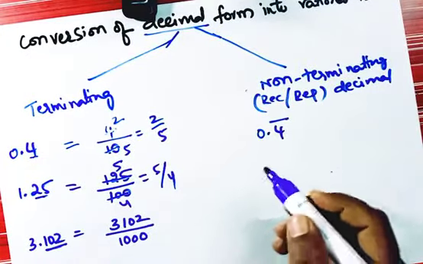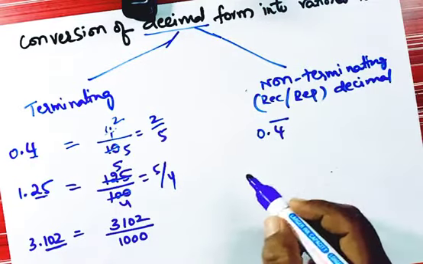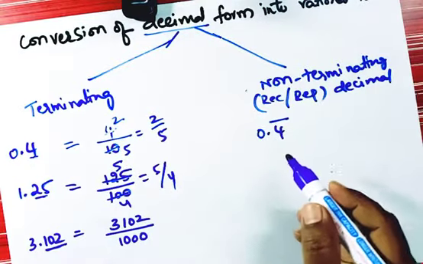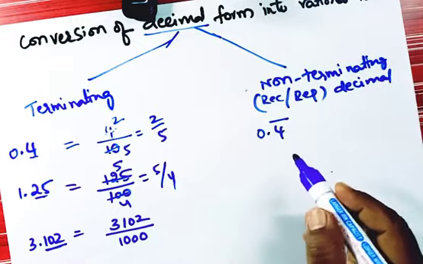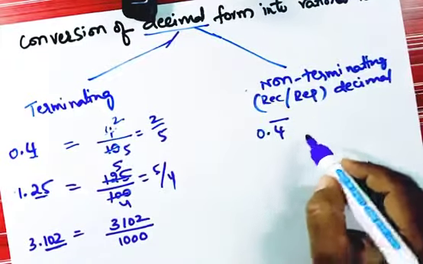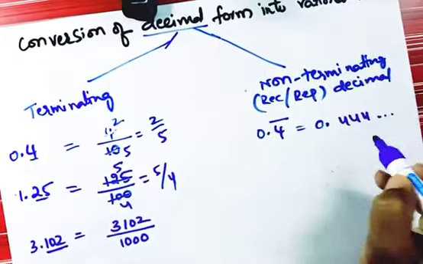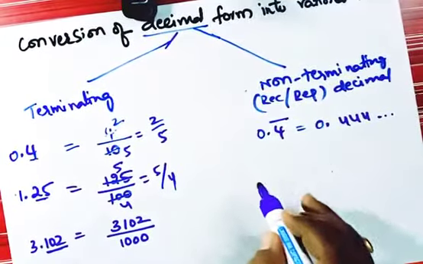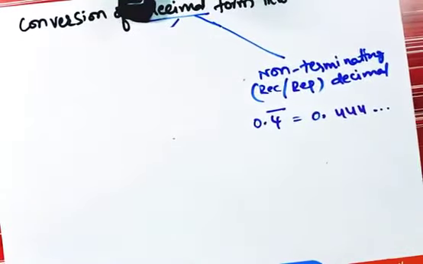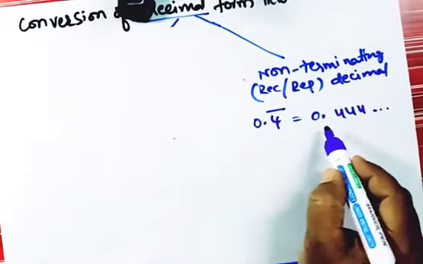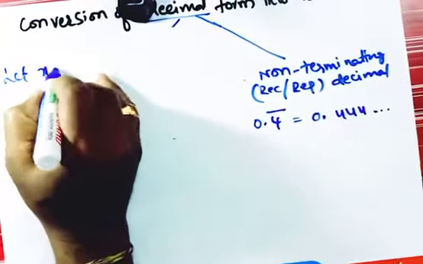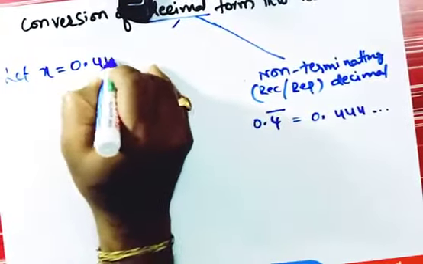Now we will go with how to represent non-terminating, recurring or repeating decimals into p by q form. Here we have 0.4 repeating. So it is nothing but 0.444, repeating continuously. First of all, let x is equal to 0.444, and so on.